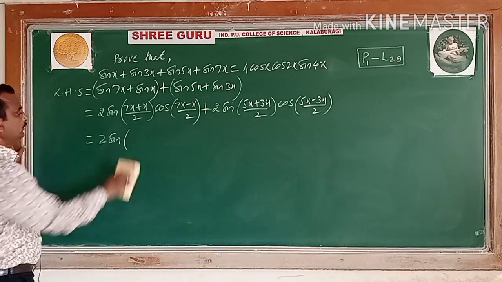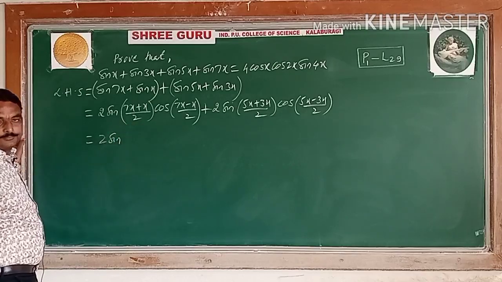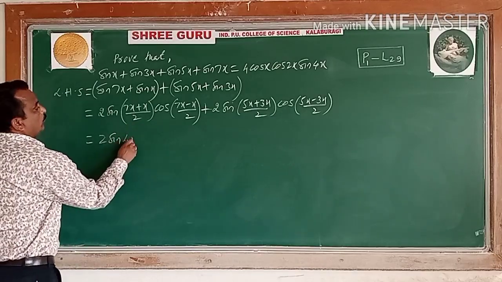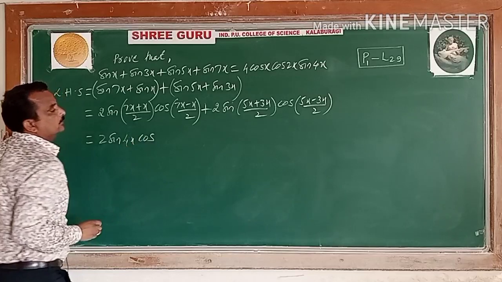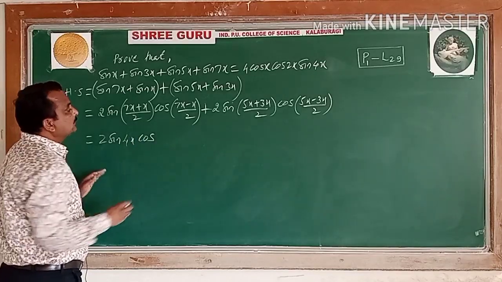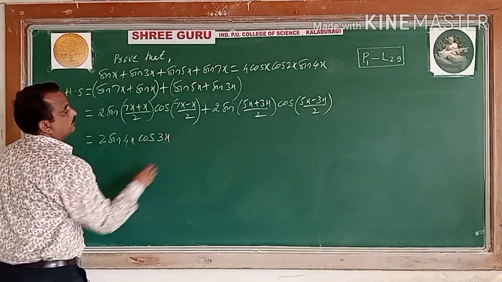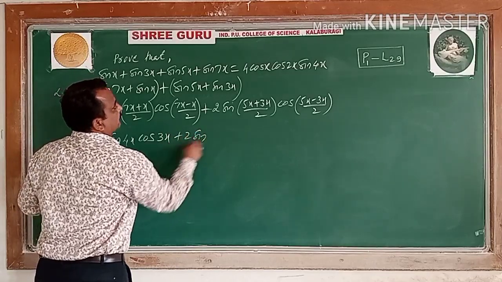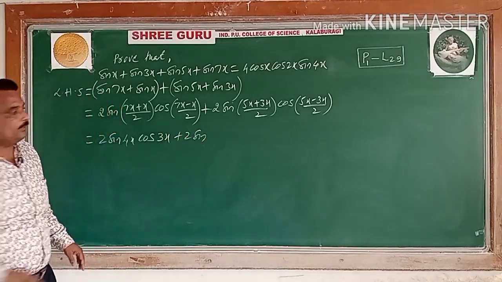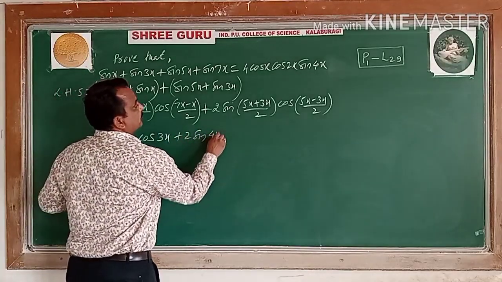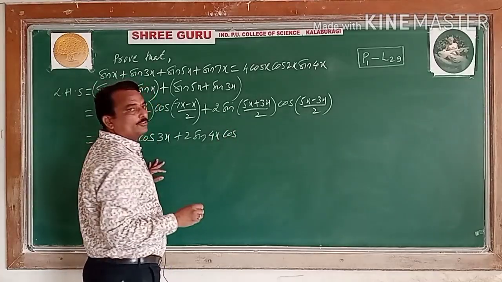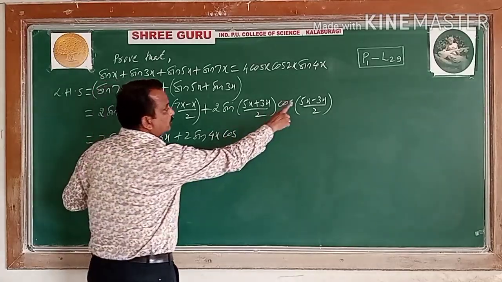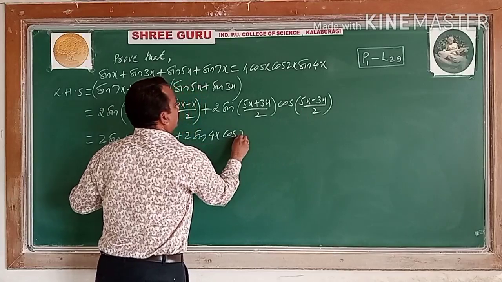How much will you get here? 7x plus x, 8x, 4x, into cos of 7x minus x, 6x, 3x, plus 2 sin of 5x plus 3x, 8x, 4x, into cos of 5x minus 3x. How much is it? 2x divided by 2, x it is.